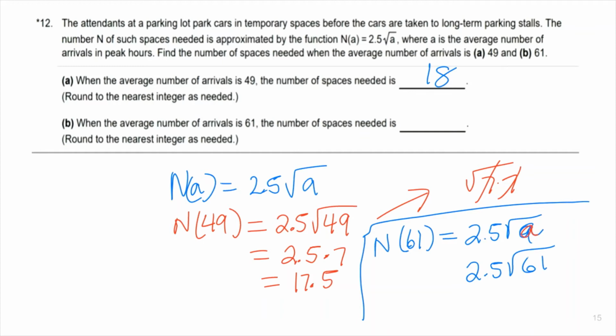So you will use your calculator to find the square root of 61. And that is 7.8. When you multiply that, you get 19.5. And they want the nearest integer, so that would be 20.